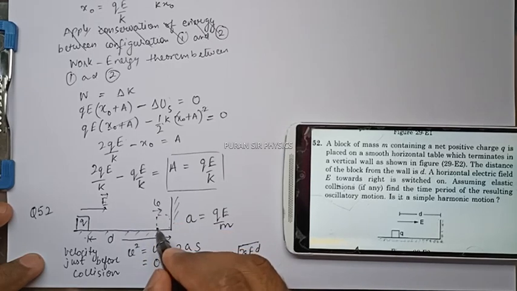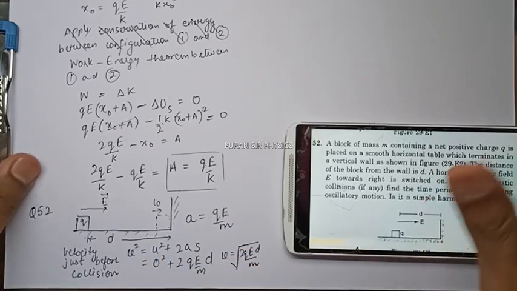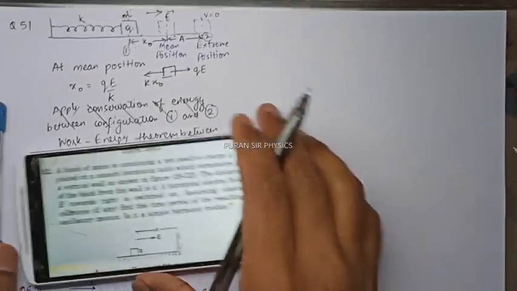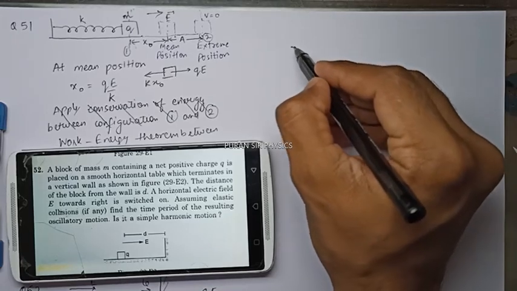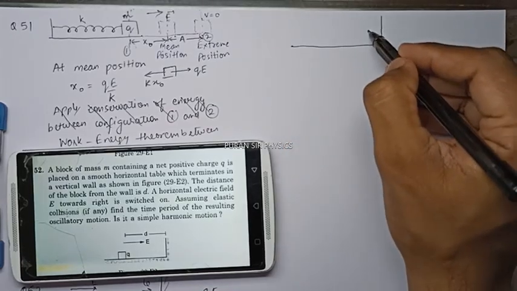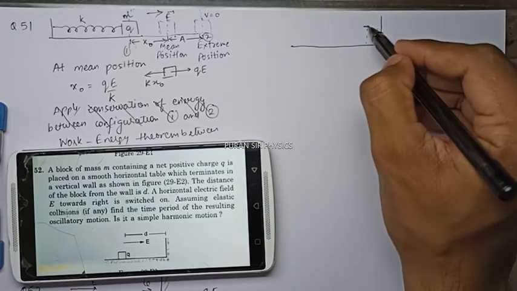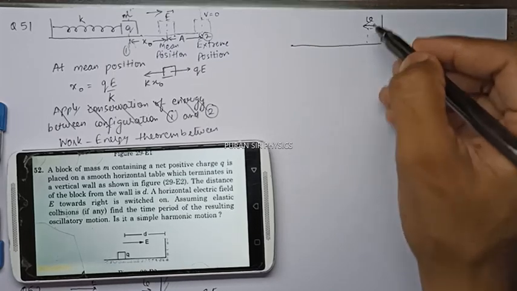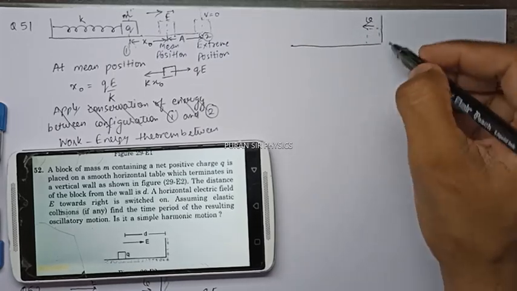So this is your v, and then after that it moves in this direction with the same velocity because the collision is elastic.